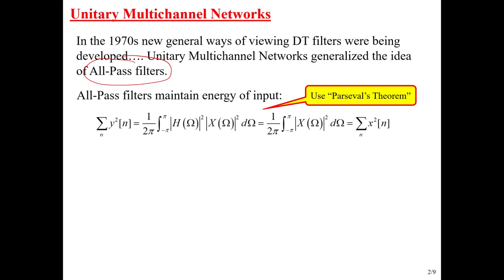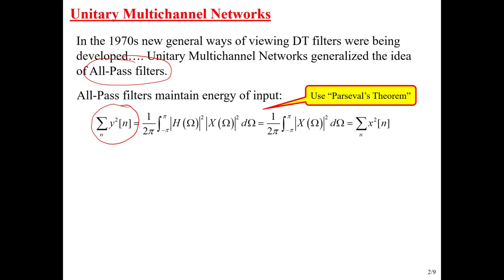So let's think about an all-pass filter. An all-pass filter has a flat frequency response magnitude. So if we think about the output of that being y and the input of that being x, we can use Parseval's theorem to say, well, if we sum the output samples in the time domain, square them and add them all up, we can figure out what that is represented by in the frequency domain.